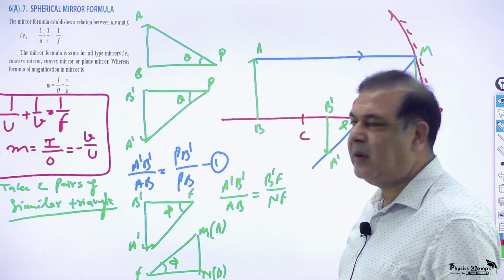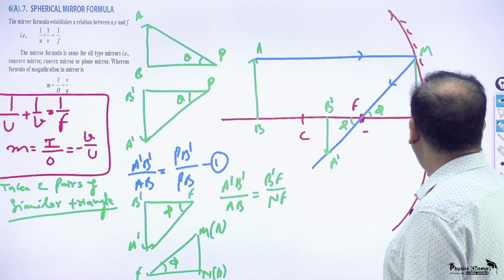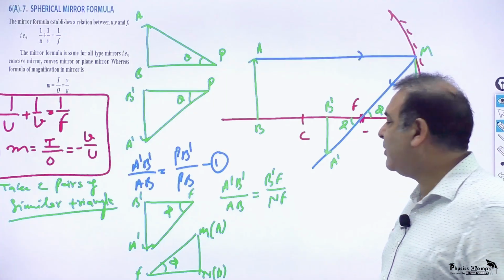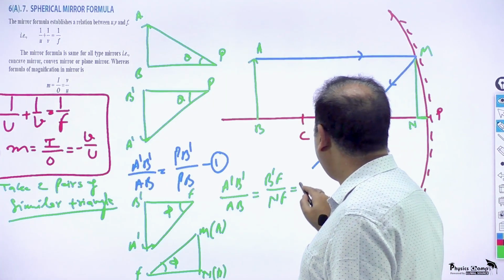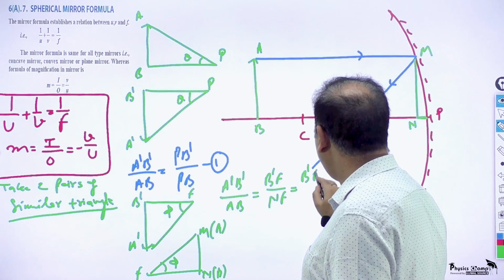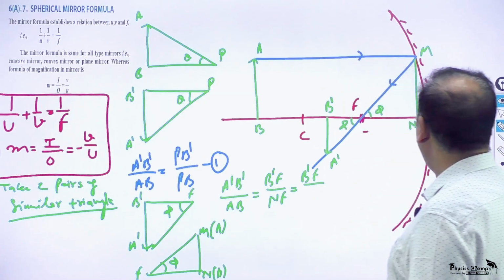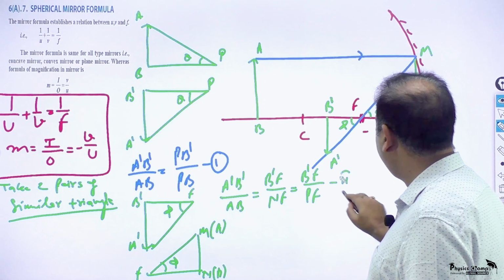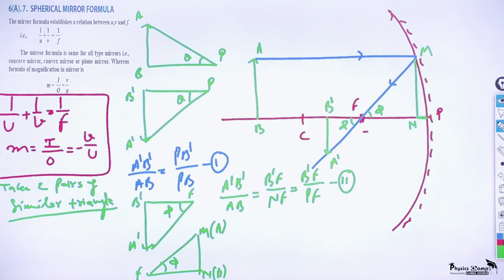But this NP is negligible and all distances are measured from pole. So we better write this B dash F divided by PF instead of NF. So you can see the results that we have obtained.